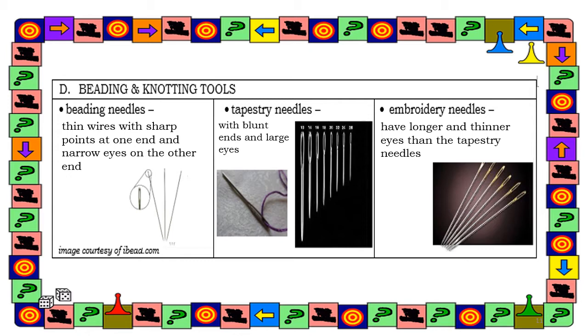These are thin wires with sharp points at one end and narrow eyes on the other end. The tapestry needles have blunt ends and large eyes, so they are not as sharp as the beading needles. Then we have the embroidery needles. They have longer and thinner eyes than the tapestry needles, as you can see in the picture.